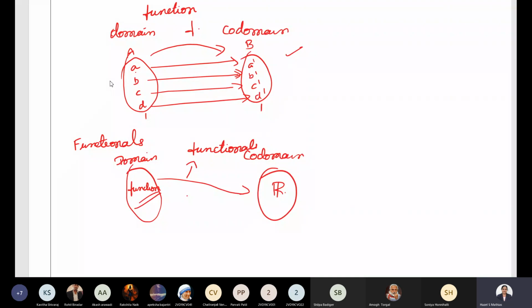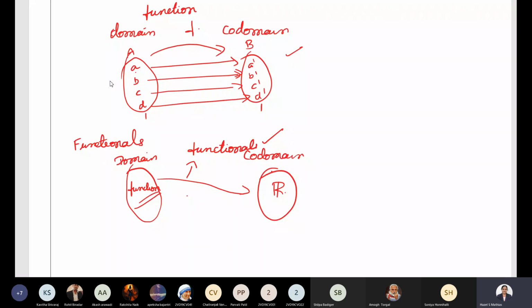If every function in the domain is assigned a unique element of the codomain, then we can say that it is a functional. So what do you mean by a functional? It is a mapping which assigns to each function in the domain a unique real value in the codomain. Such a mapping is known as a functional.